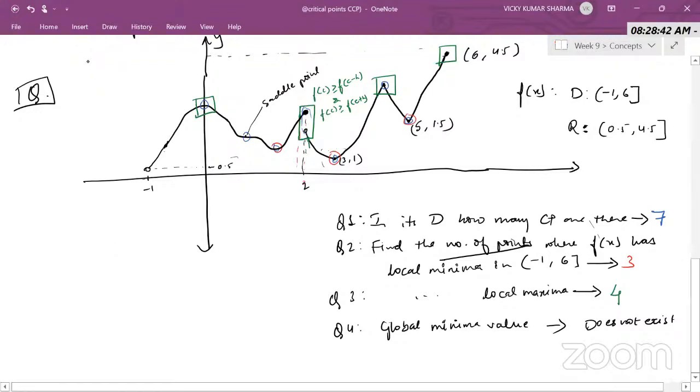But that is not right, because there are other values, right? You can also claim 0.9, 0.8, 0.7, 0.6. So many students made a mistake saying that 1 is the global minima value.